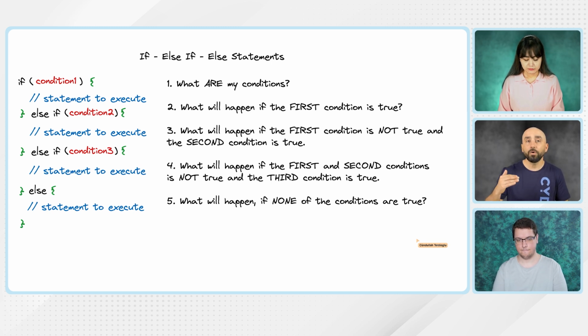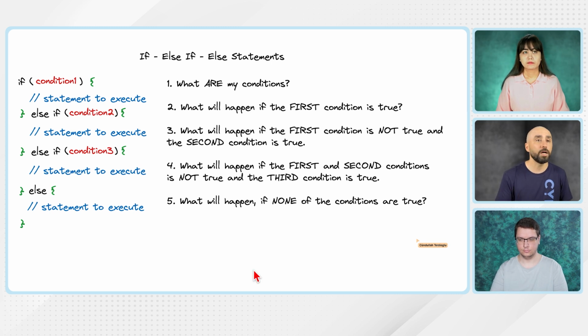Okay, again, I already put all this explanation on the right side. You need to answer yourself: What are my conditions? Because you have more than one condition now. What will happen if the first condition is true? What will happen if the first condition is not true and the second condition is true? What will happen if the first and second conditions are not true and the third condition is true? What will happen if none of the conditions are true?